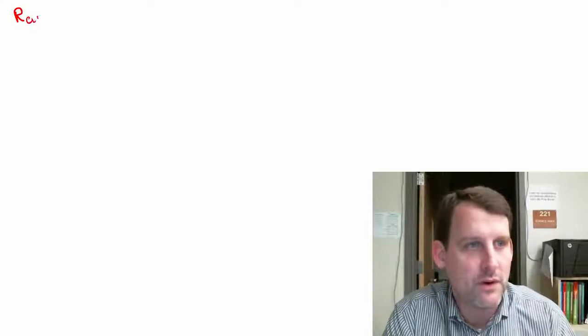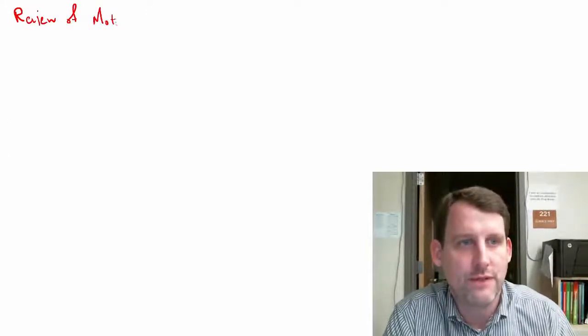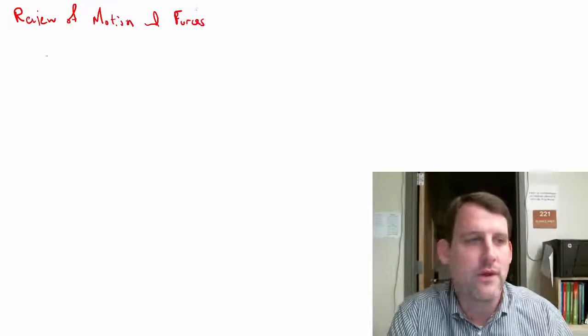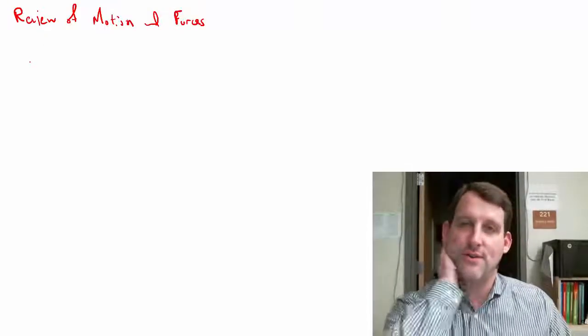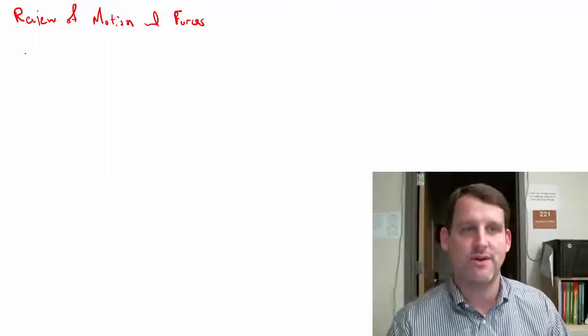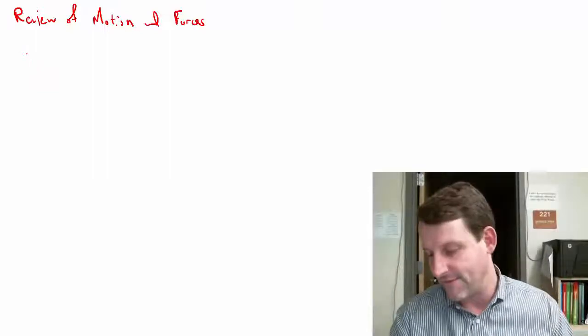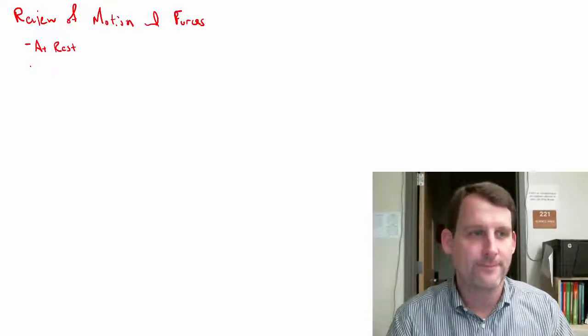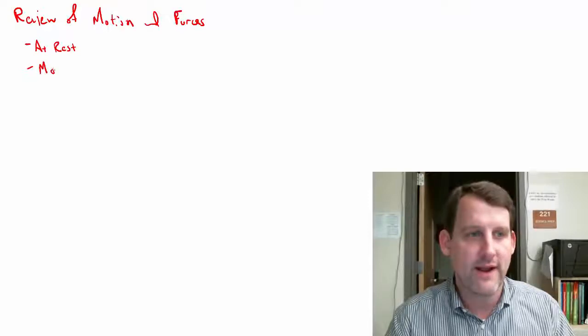So I'm going to say here, this is a review of motion and forces. Actually, we're going to talk about both. In terms of motion, you can describe all motion with 5 different phrases. You are either at rest, which means you're not moving, right? Or you're moving at a constant velocity.